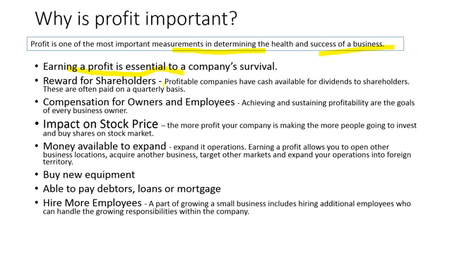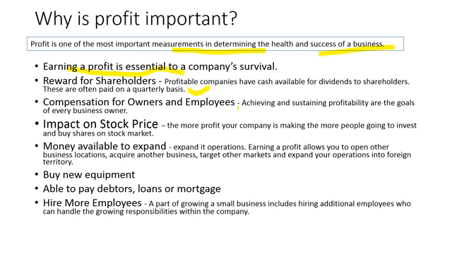Reward for shareholders: it's important because we can reward the shareholders. Profitable companies have cash available for dividends to shareholders. These are often paid on a quarterly basis. If a company is not making money, they are not going to pay the shareholders, and then shareholders are not going to be so happy.